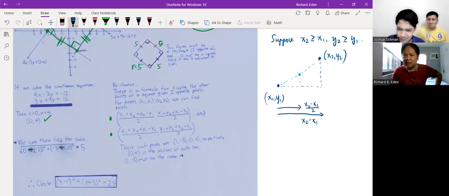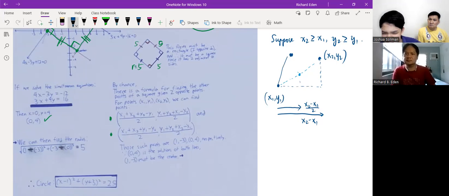Okay, so the idea kasi is, if this is where the other vertex is. Interesting looking square object.